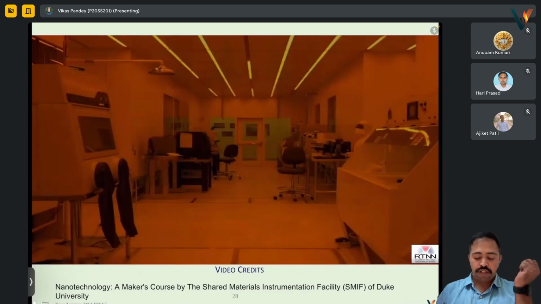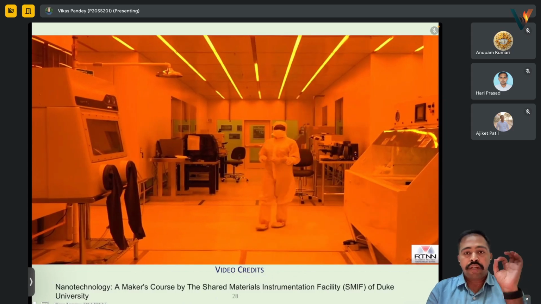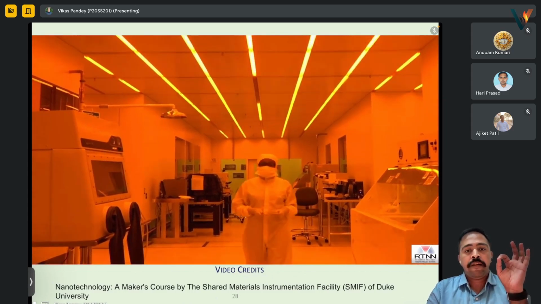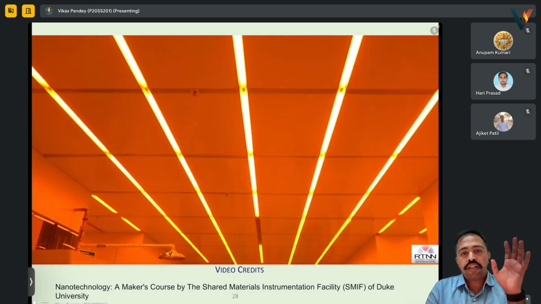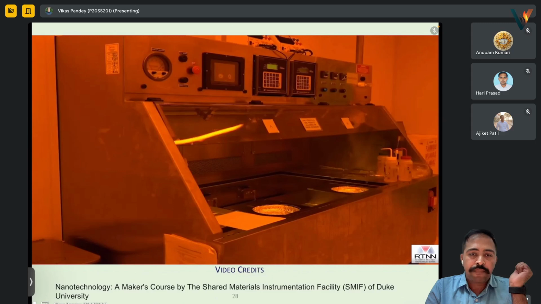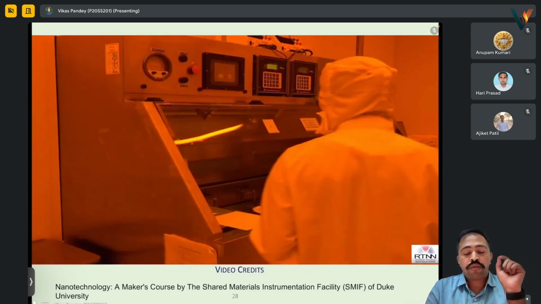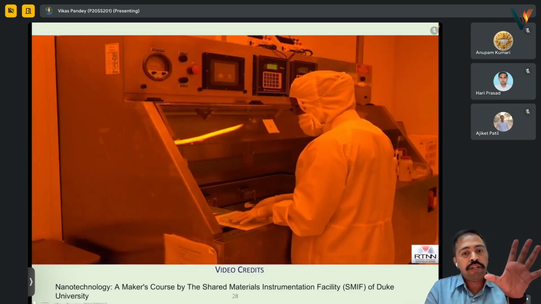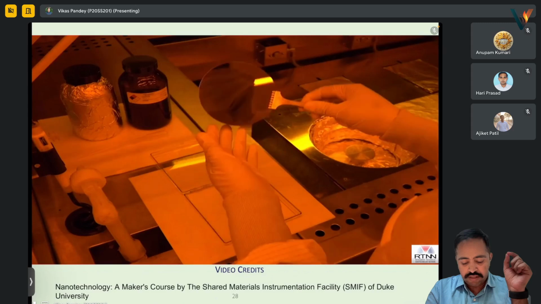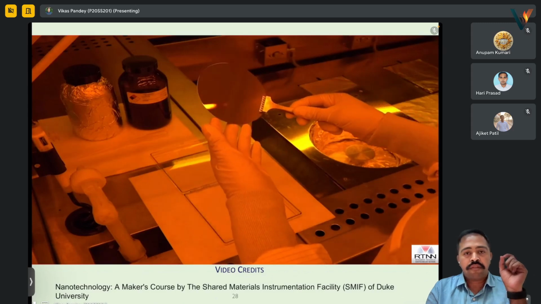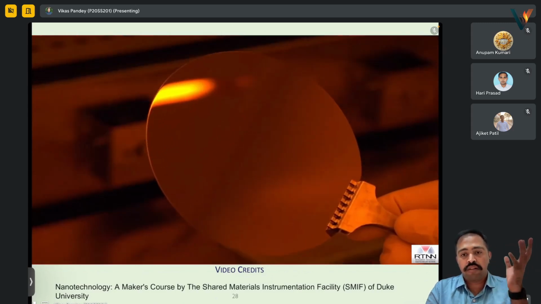It starts like this, in the yellow room. This is the wafer that has already been coated using a material, say gold.